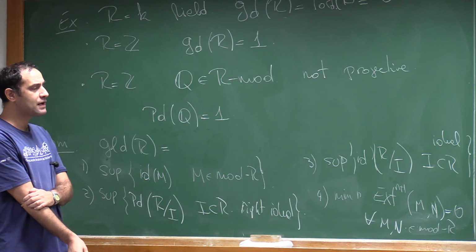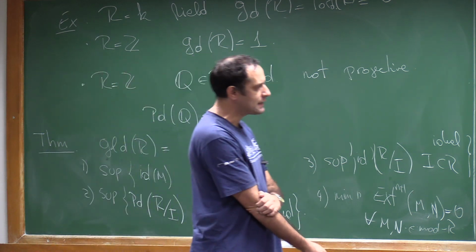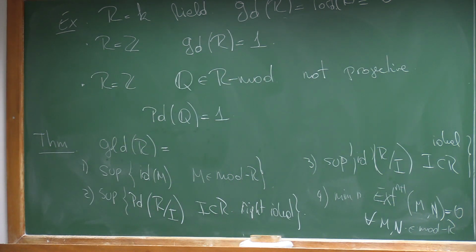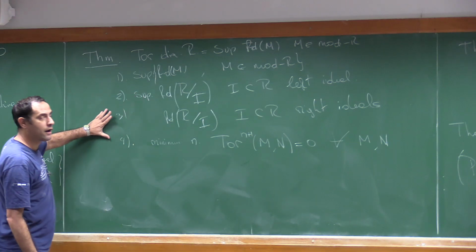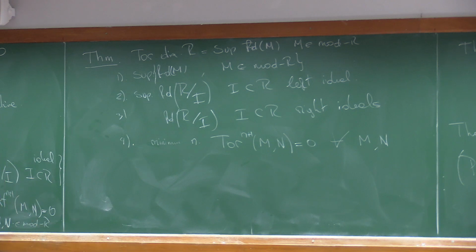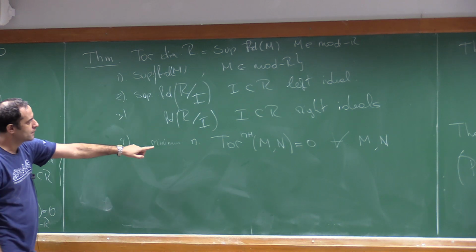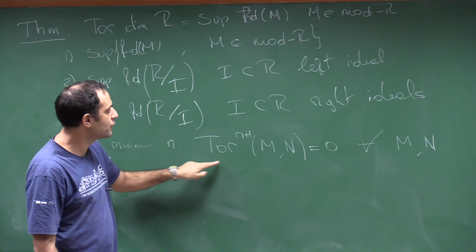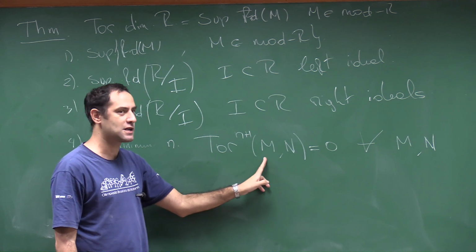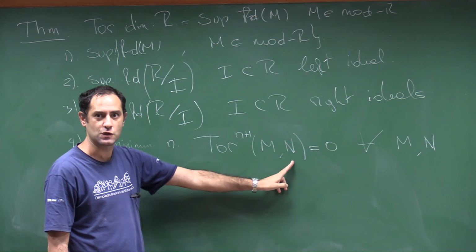Okay, so I have three notions. I have the notion of a right global dimension, a left global dimension, and just one notion of Tor dimension of a ring. For the Tor dimension, it doesn't matter if I look at left or right R modules; the flat resolutions work the same for left or right. This has to do with the fact that Tor is balanced, and I could compute this Tor by taking either projective resolutions of m or projective resolutions of n.